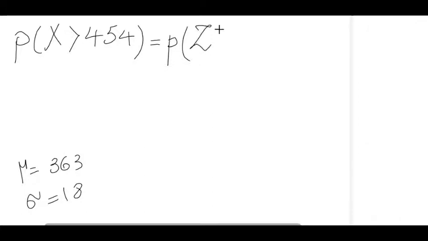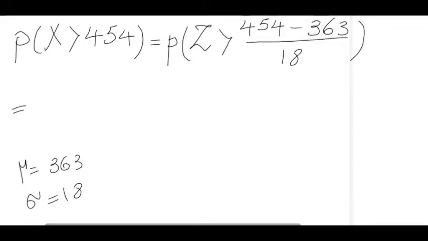So z is greater than 454 minus mu divided by sigma, which means 91 over 18. So it's the probability of z greater than 5.06.